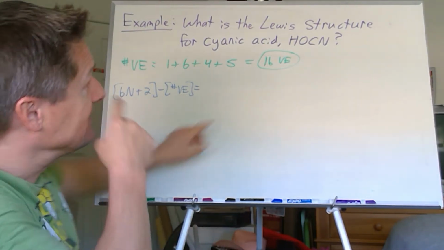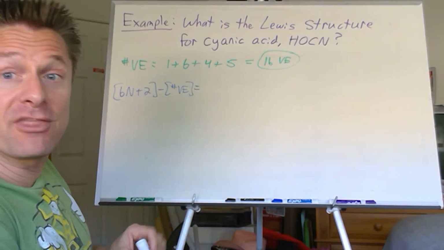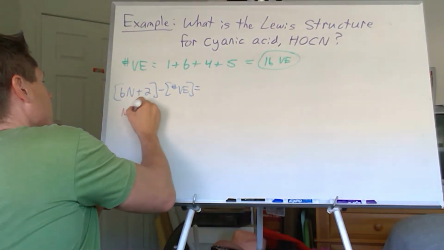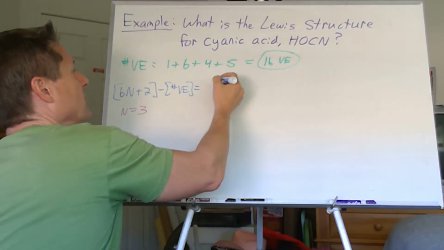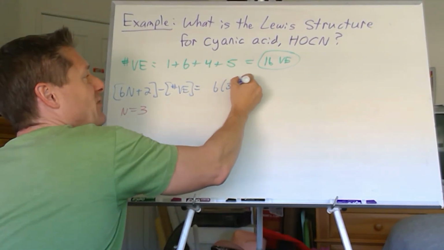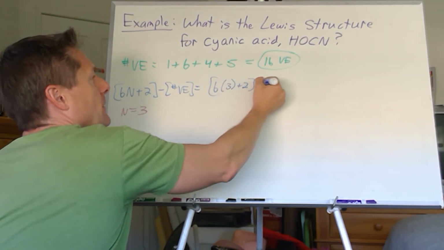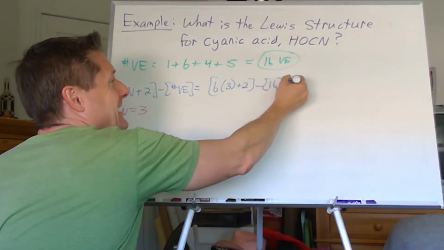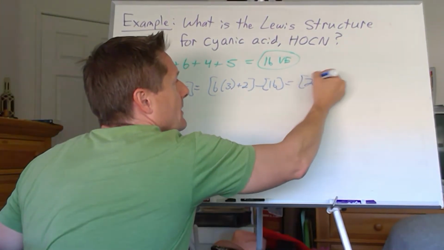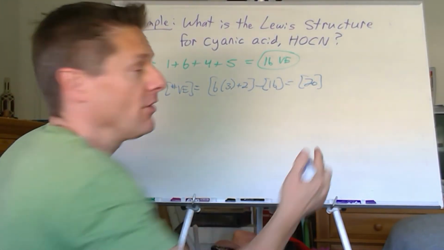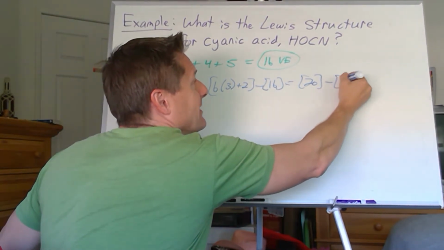Let's say we don't count the hydrogen, so N is going to be 3 in this case. Let's calculate 6n plus 2 minus the number of valence electrons. So 6 times 3 plus 2 minus 16. Well, that's 20. So that's the number of electrons we need for all single bonds. But we only have 16 electrons.